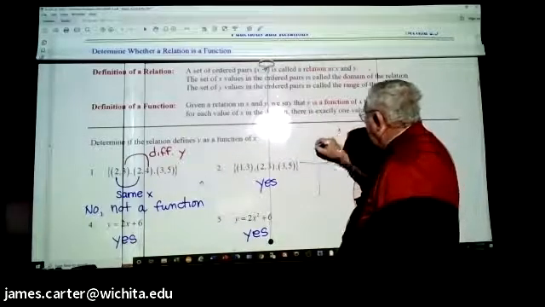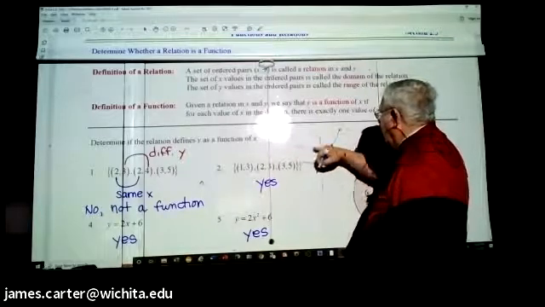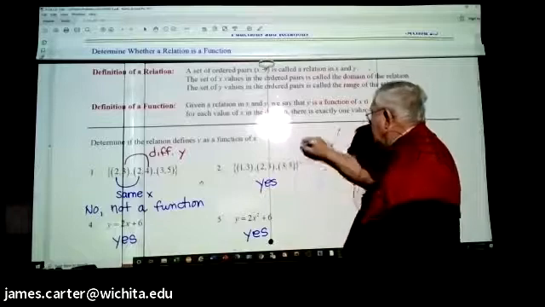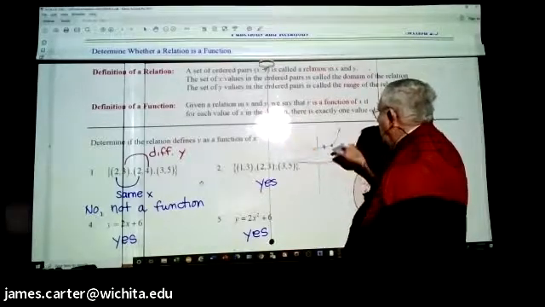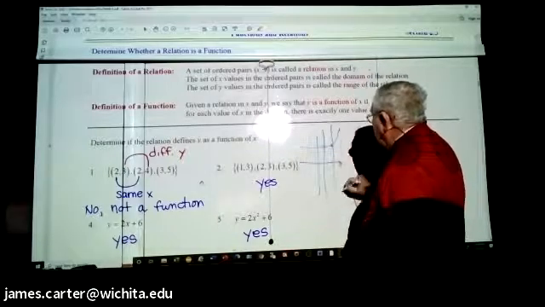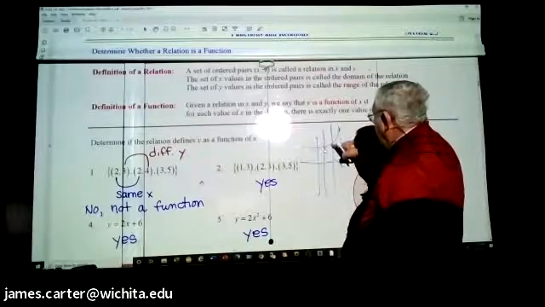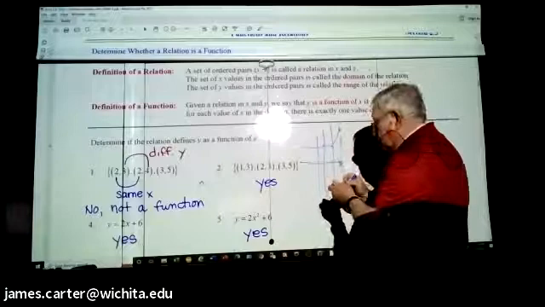This could be part of any figure. It could even be part of a parabola. We don't know. But because of the vertical line test, there's only one y value for each x value. So this one is a function.